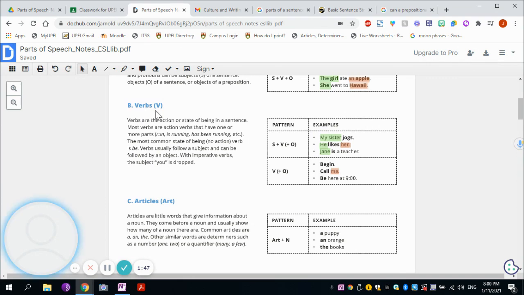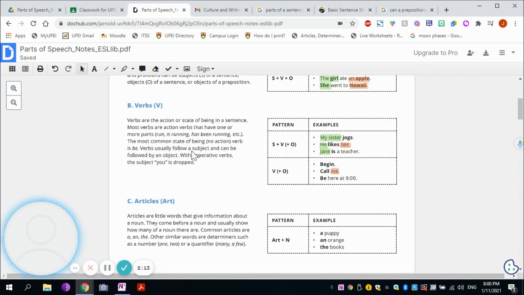B. Verbs. V. Verbs are the action or state of being in a sentence. Most verbs are action verbs that have one or more parts, like run, is running, has been running, etc. The most common state of being, or no action verb, is be.